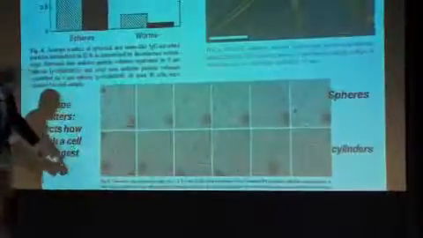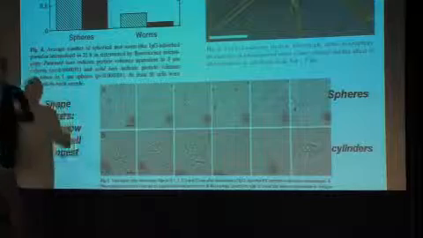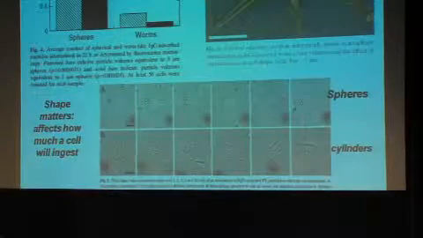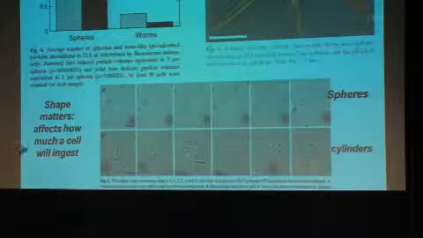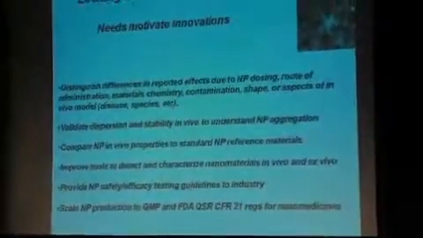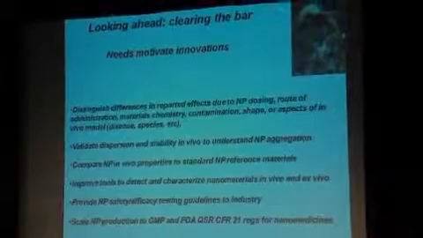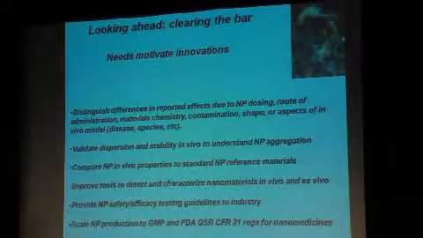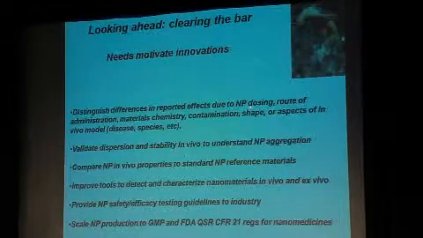And then at the bottom, the cylinder is a frustrated system. We call it frustrated phagocytosis. The particle cannot get in, even though the system is trying desperately to do its job. All right, so looking ahead, we need to distinguish differences then in reported effects in nanoparticle dosing.